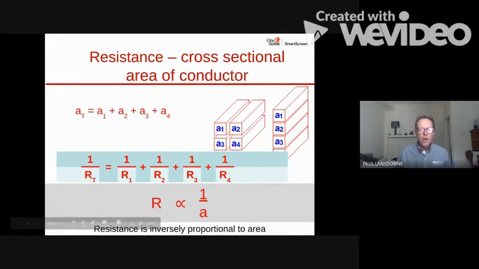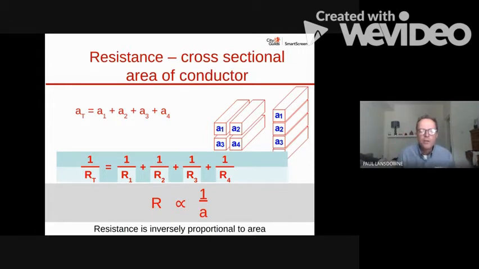The next thing we look at, and we will do some questions at the end of it and I'll go through everything with you, is the cross-sectional area. We've looked at the length of the cable, how resistance goes up the longer the length. Now the cross-sectional area is the thickness of the cable, and we're looking at what happens there.